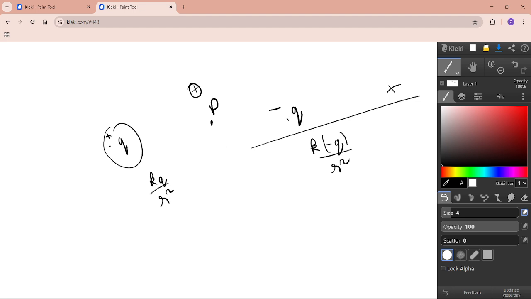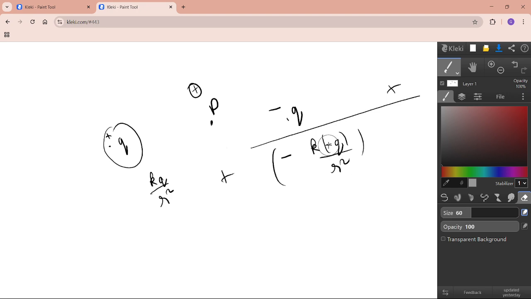Now add another negative sign. If it was positive, we should have taken positive. It's negative, now take negative and add another negative sign in front of it. And then add it. Negative converts to positive, and so you have 2kq by r square if this side is taken as positive.